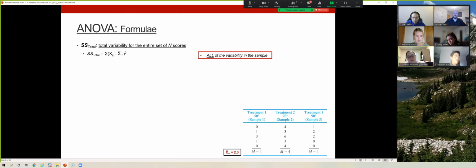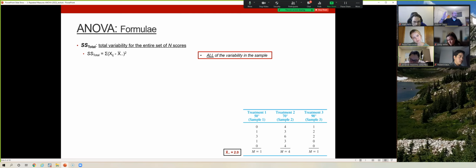All right. Our ANOVA formula. Remember, in our ANOVA table, we've got a lot of different components. We've got our sum of squares total. This is all the variability in the sample. This is the sum of the squared deviations of person I in group J from the grand mean. We square that deviation and sum them all up. This is just all the variance in the model.